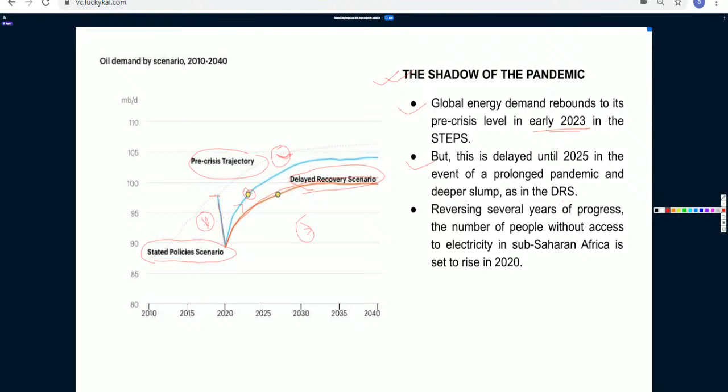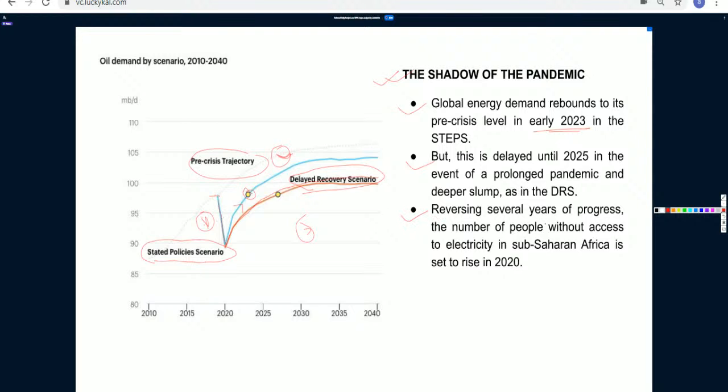So under the stated policy scenario, by 2021 we will be able to recover to the pre-pandemic level, with some gap, by 2023. But in case of the delayed recovery scenario, it may take longer, up to 2025 to recover to the pre-pandemic level.